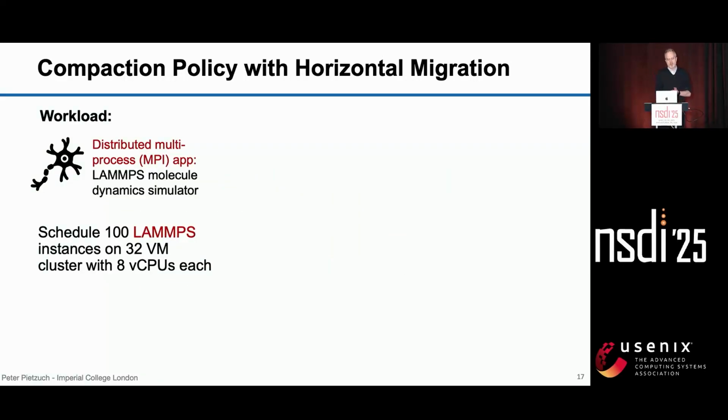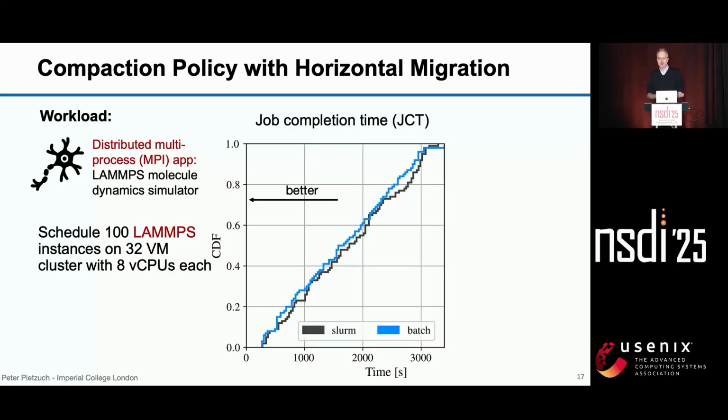So here, the workload has been a distributed multi-process application. We use the LAMMPS molecular dynamics simulator, and we've deployed 100 instances on a 32 VM cluster with 8 vCPUs each. And then we observe job completion time. This is shown here as a CDF, where essentially things to the left are better.